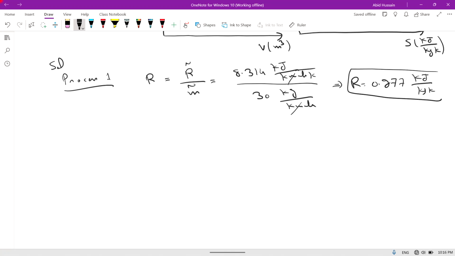So this is R. Now we can find gamma by using the equation T2 divided by T1 is equal to (P2 divided by P1) to the power (gamma minus 1) divided by gamma.